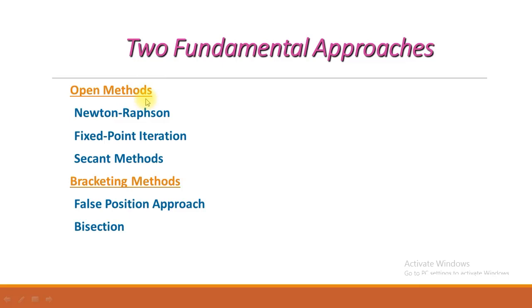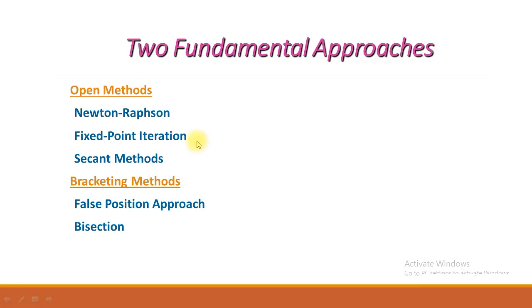Open methods, like the Newton-Raphson method, fixed point iteration method, and secant method, along with the false position method, have already been discussed in the previous video lectures for the solution of nonlinear equations.